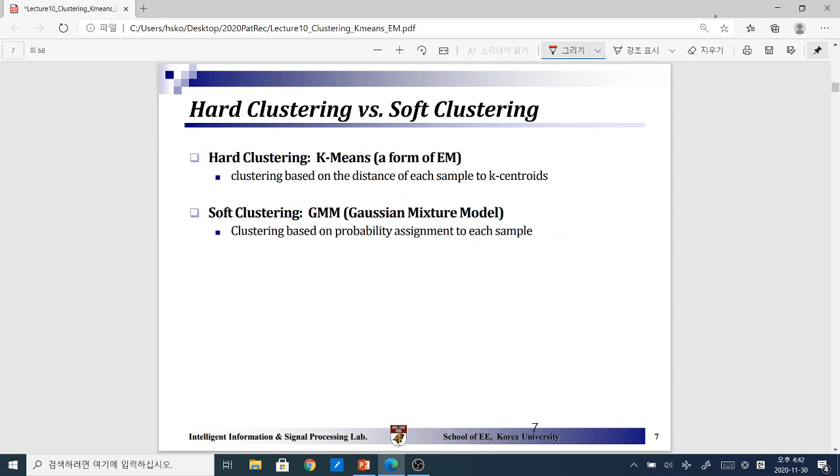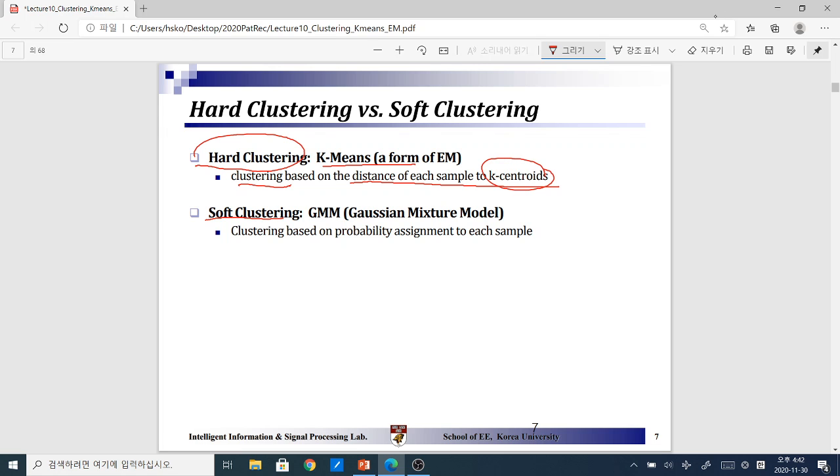So essentially, we can organize clustering into two possible models. One is called hard clustering, which is done by k-means. It's a clustering which is based on the distance of each sample or instance to k centroids.